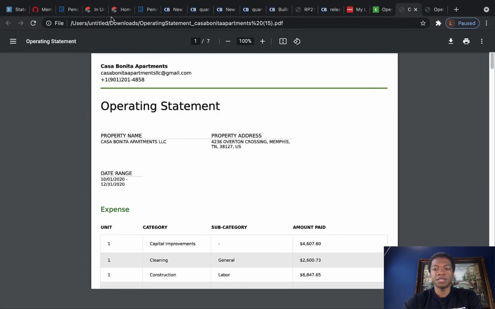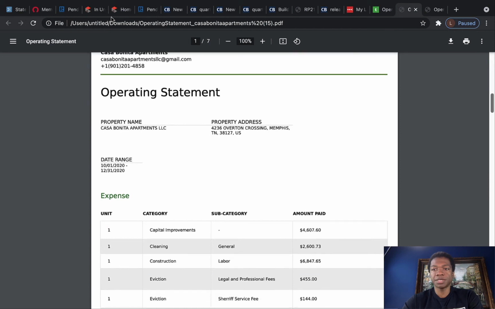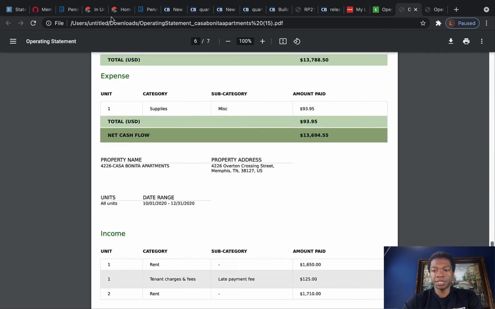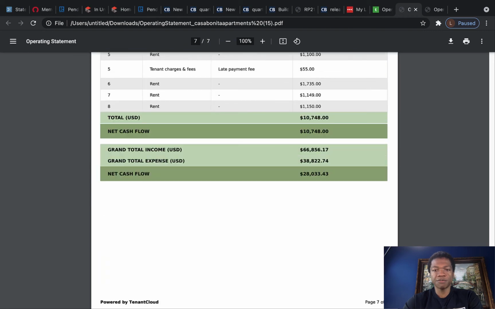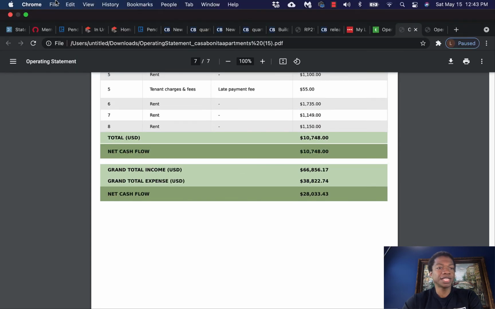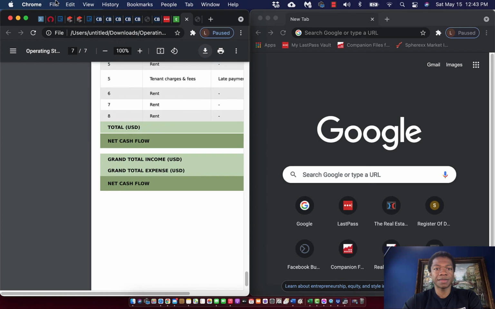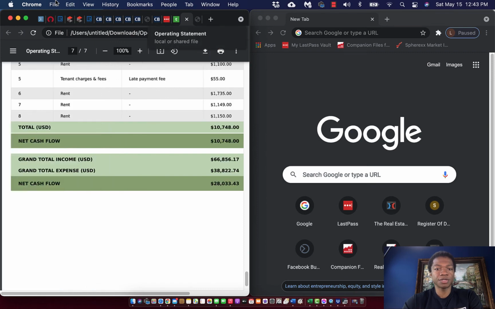All right, and so these are the same properties, and so we can see that our total income for the fourth quarter of 2020 was $66,856. And so if we look at these side by side, let's see if I can move this one over.